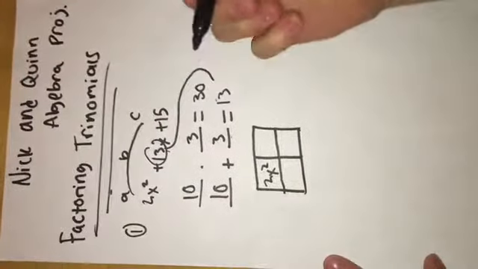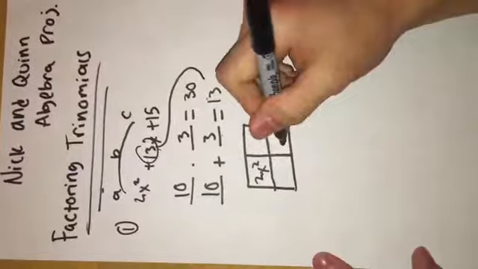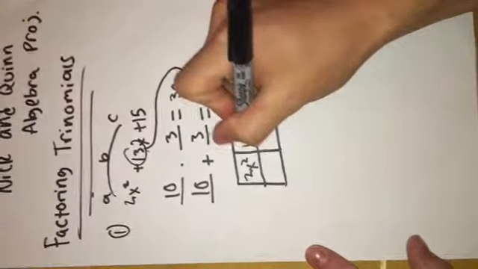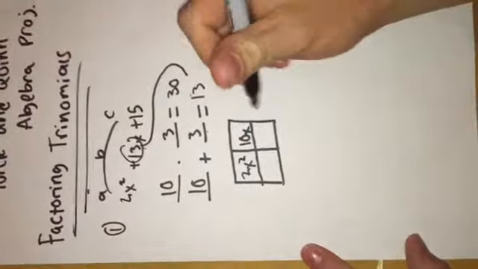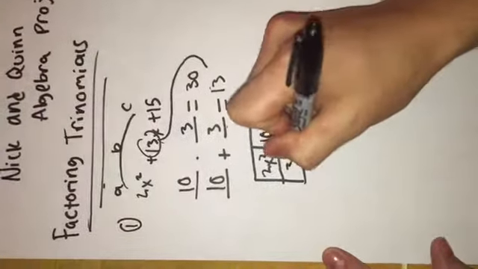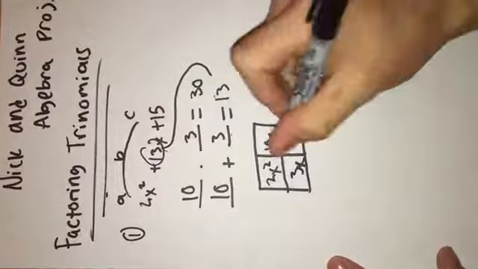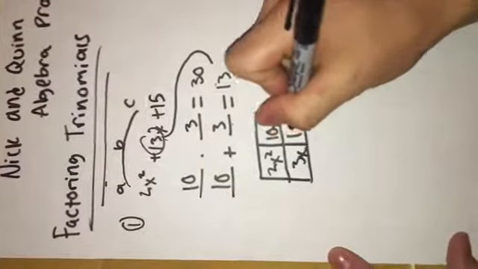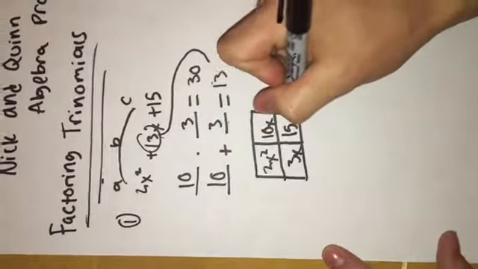And you're gonna put 10x in the next one and 3x and then 15. No x. No x.